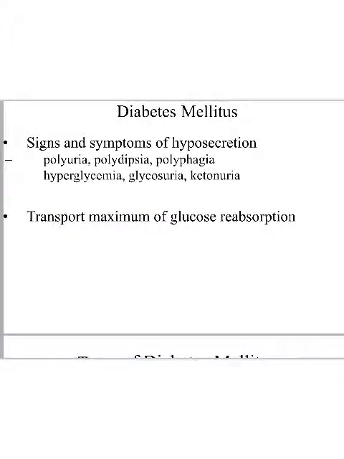Okay, now diabetes mellitus. So in general with diabetes, if we have hyposecretion of insulin, if we don't have enough insulin, we have polyuria, which is excessive urine. We have polydipsia, which is excessive thirst, and polyphagia, which is excessive hunger.